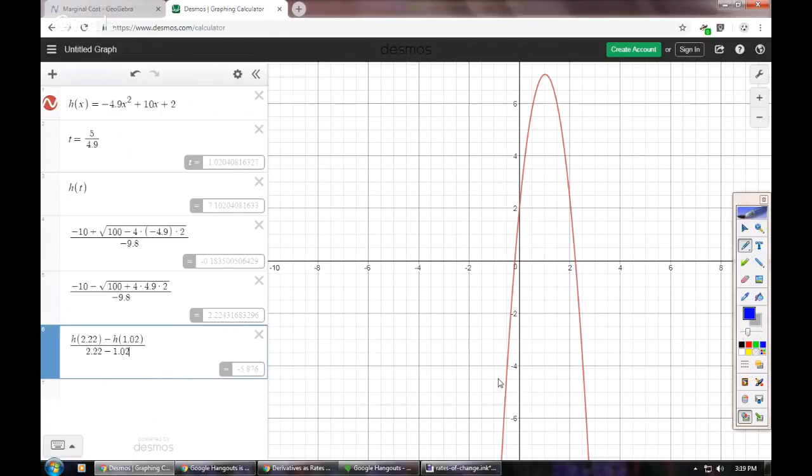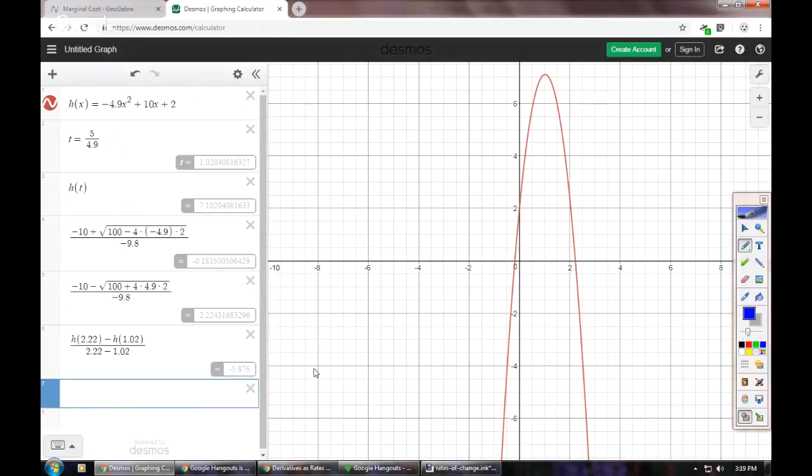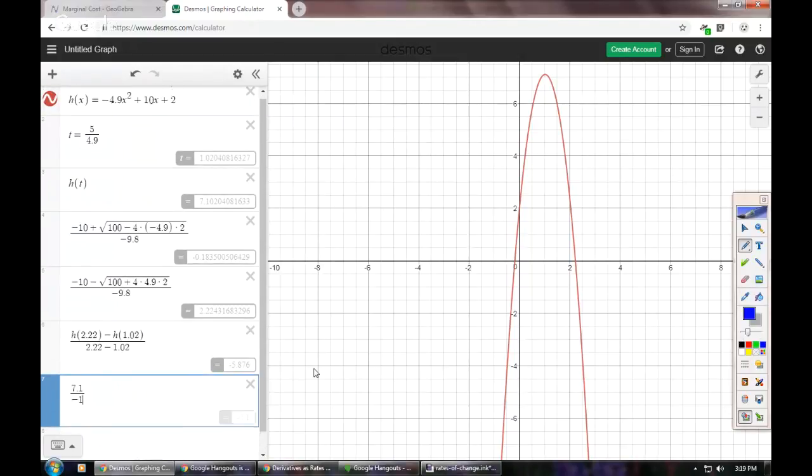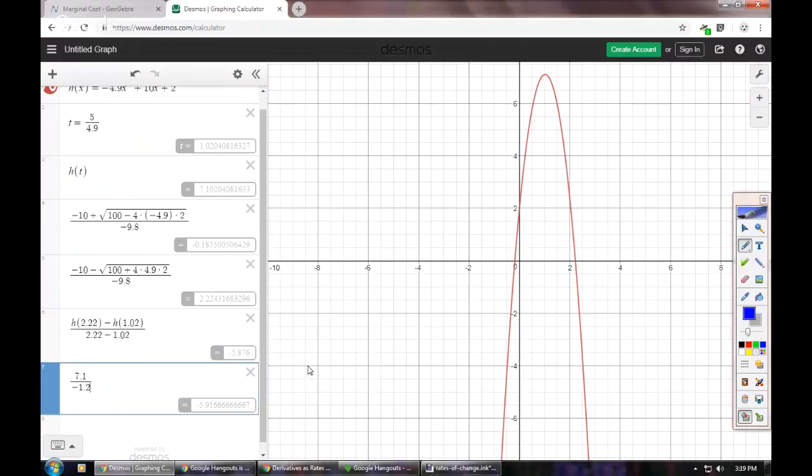And I get negative 5.876. Compare that to the 7.1 divided by negative 1.2. And they're slightly different. Oh, rounding error is probably the case there. Yeah, it must be.